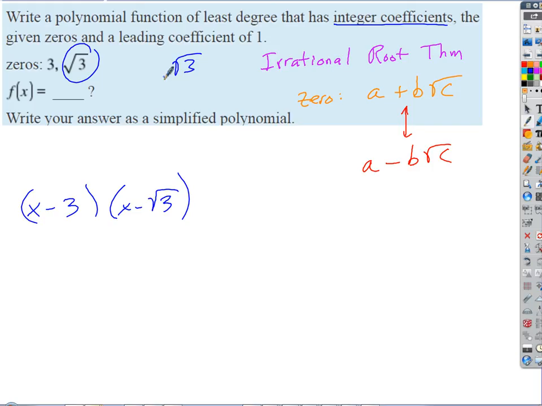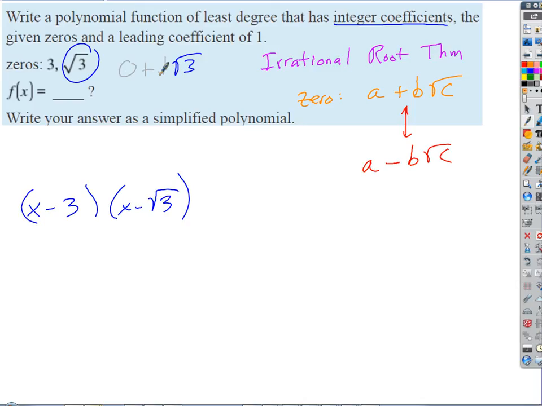It's 1. We don't write it, but it's a 1, isn't it? What's the number that's being added to the term with the radical? The square root of 3 is the other zero, so what must be out in front if it doesn't even show up? 0.